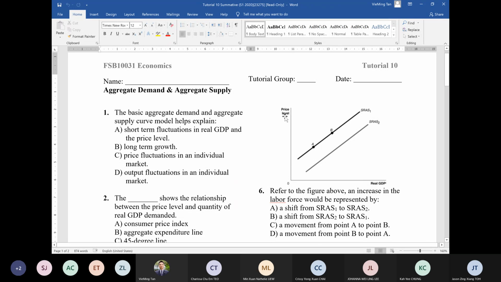So the most appropriate answer would be A. C and D are not. And furthermore, C only mentions the price level, which is not enough to explain the whole diagram situation. So the most accurate answer is A.